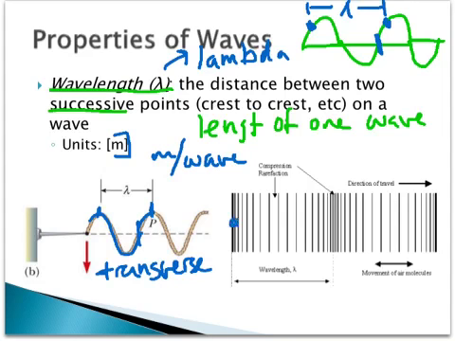If you look at a compression, you look at the next compression, and that's going to represent a wave. Because looking at a sine curve, you would have a crest, a trough, and a crest. So it would be crest to crest again. Wavelength is just the distance between two waves.